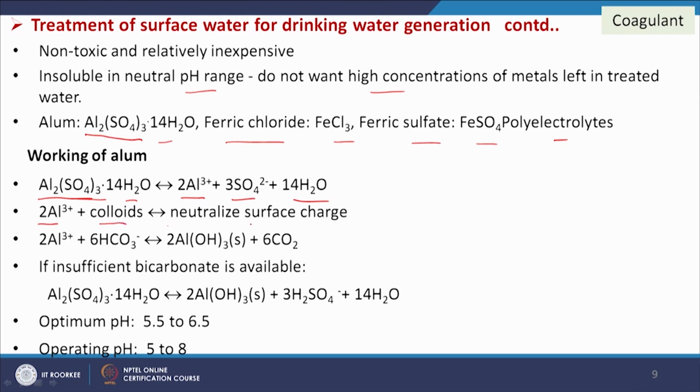Then it neutralizes surface charges, and if bicarbonate is present, this will react with Al3+ and Al(OH)3 solid will be formed. If insufficient bicarbonate is available, then Al2(SO4)3·14H2O will form Al(OH)3 solid plus 3H2SO4 plus 14H2O, and the operating pH is 5 to 8 and the optimum pH is 5.5 to 6.5.